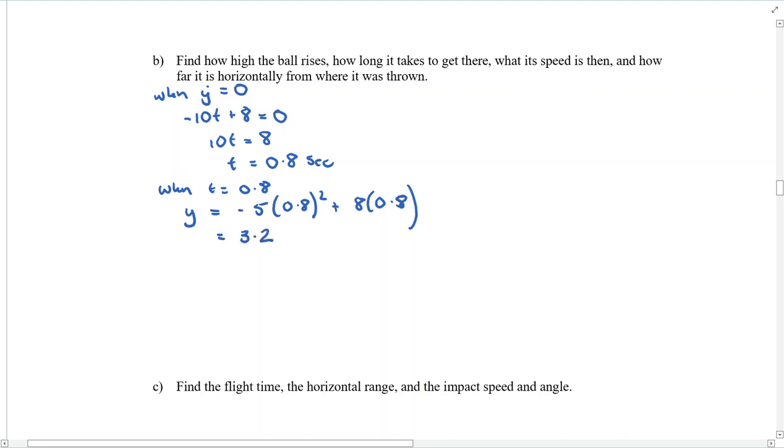That is actually how high it has been raised from the starting point. If you wanted to know how high it was above the ground, what would you have to do? You'd have to add the 35 on there. So therefore, 3.2 plus 35 means it's 38.2 above the ground.